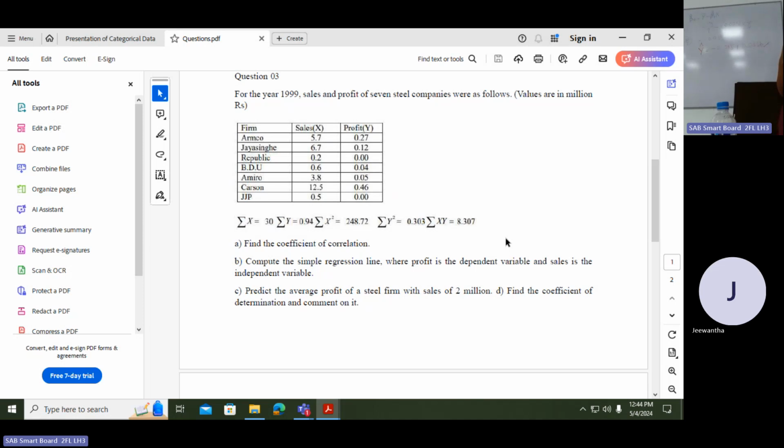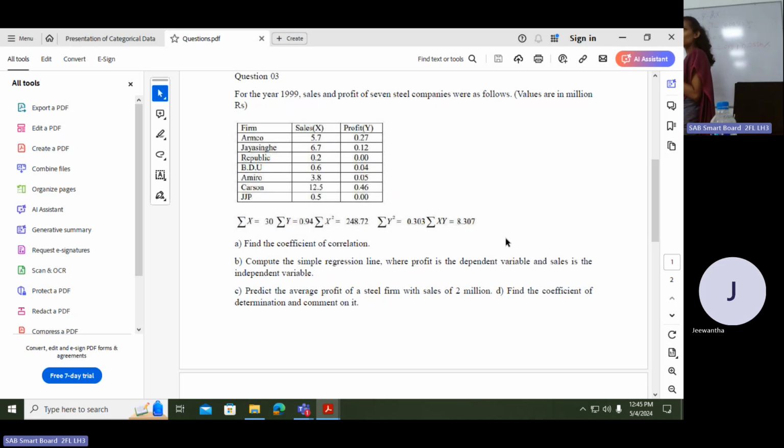Looking at the regression model, how to tell if it is a positive or negative relationship? The sign of beta 1.